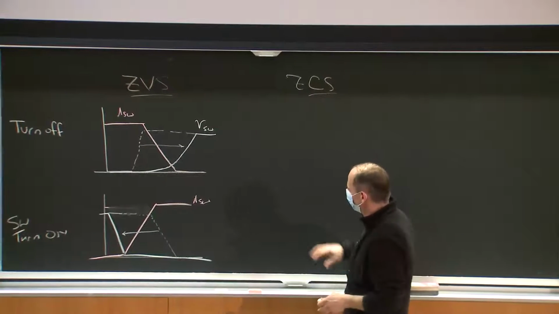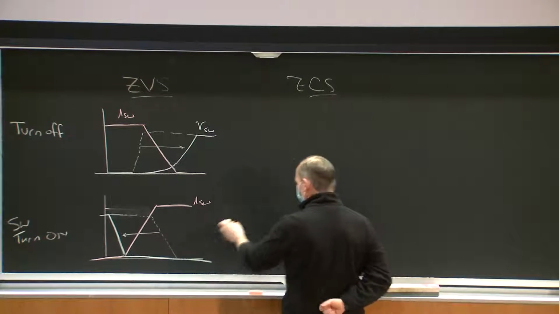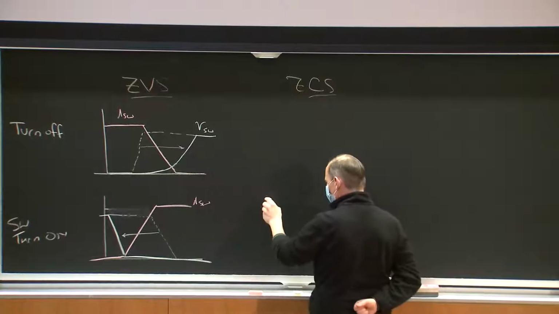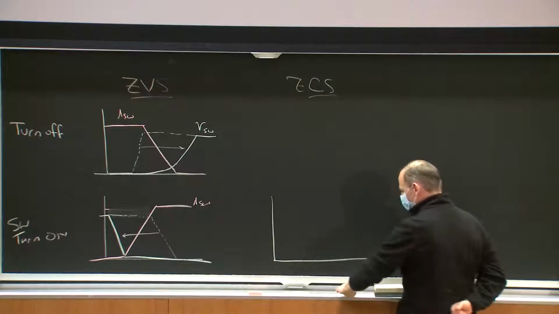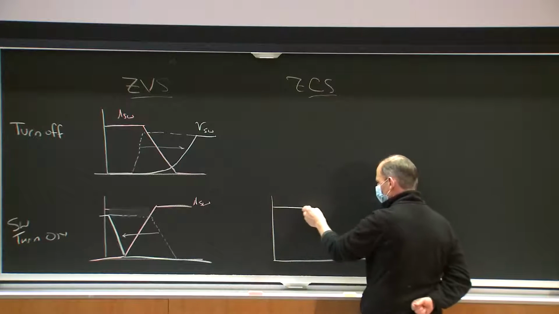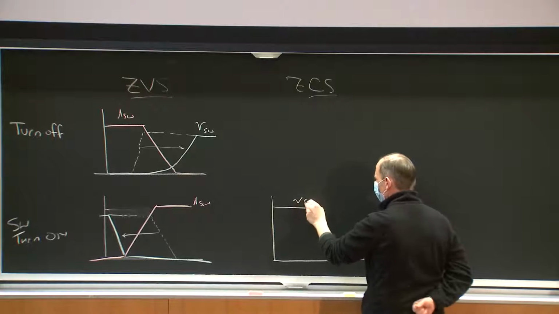But I can also do zero current switching. Zero current turn on is sort of the dual of zero voltage turn off. So what we have here is that the switch voltage is falling. This is V switch.